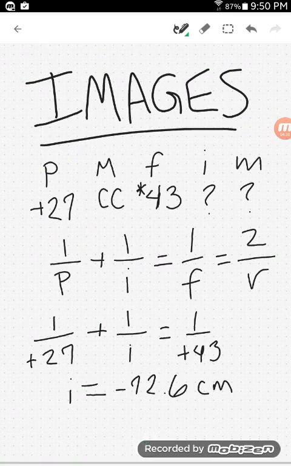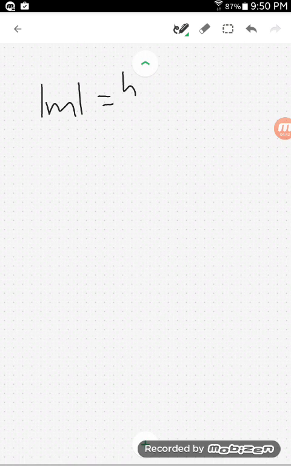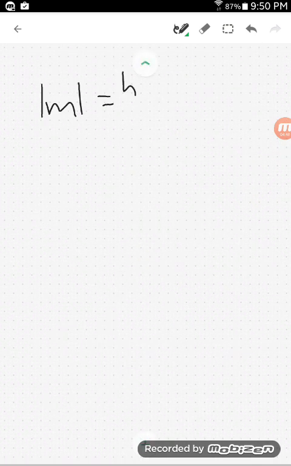Ugh, it's being dumb. Well, imagine there's a prime. I'll just put I, because it means image, and this is object.